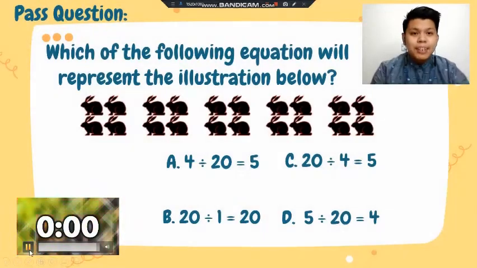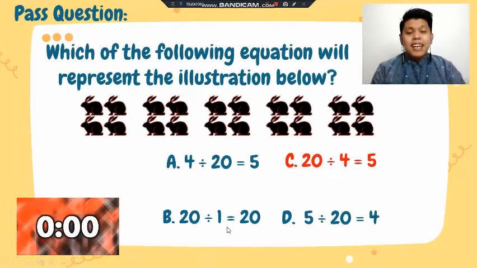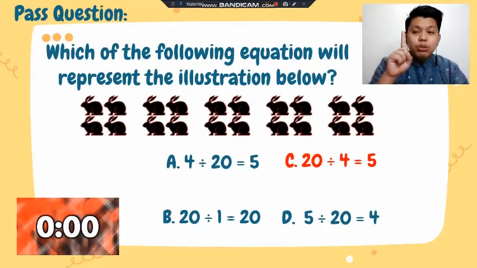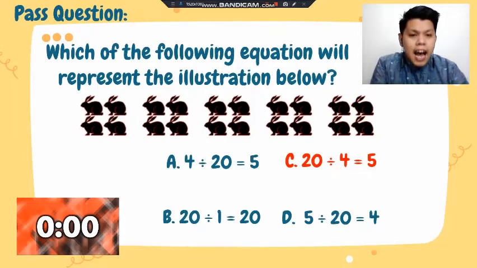Time's up. Let's check your answers. The correct answer is letter C. 20 divided by 4 is equal to 5. Now, how do we get to that answer? Let's check that out. The first thing that you need to do is to count how many rabbits there are in all.